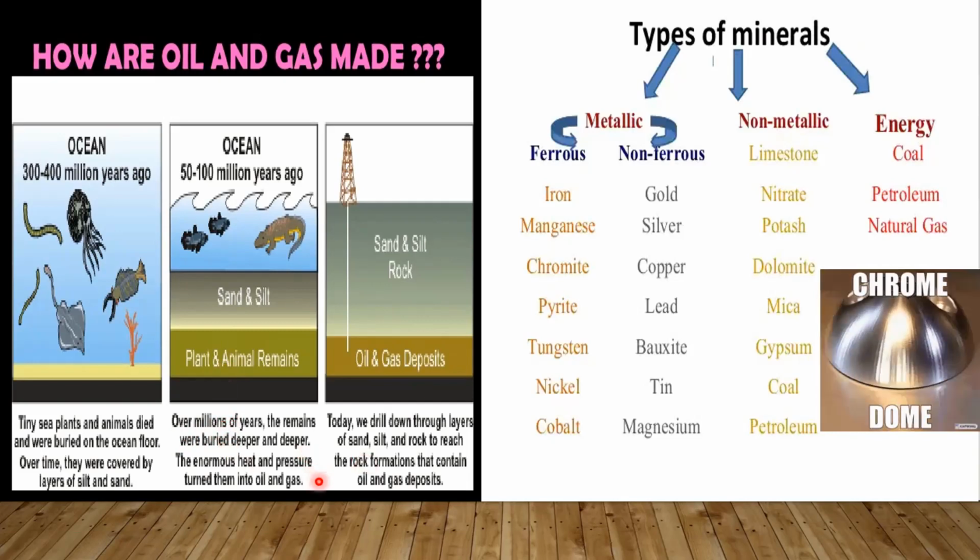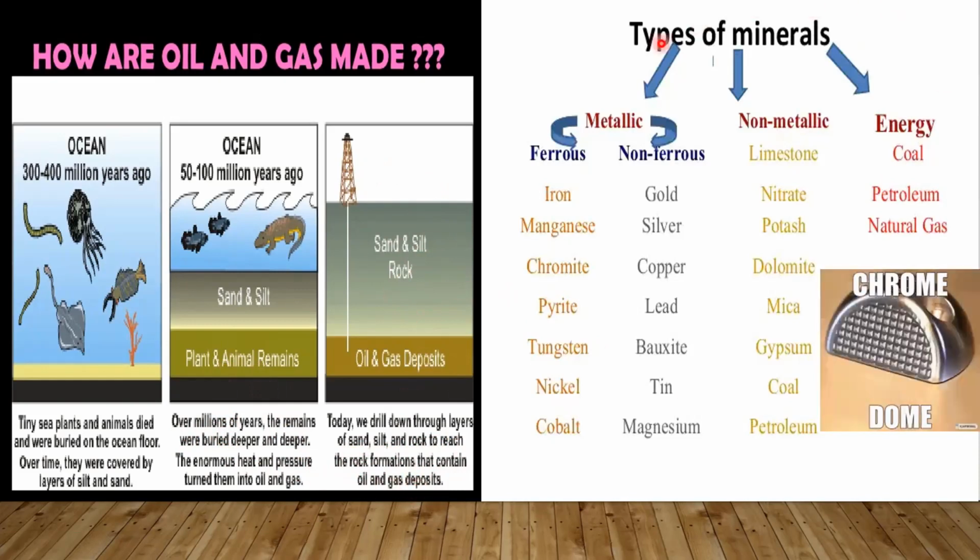Enormous heat and pressure prevailing under the seabed turned them into oil and gas. Sand and silt rock hold oil and gas deposits. So we drill down through layers of sand, silt, and rock to reach the rock formations that contain oil and gas deposits.